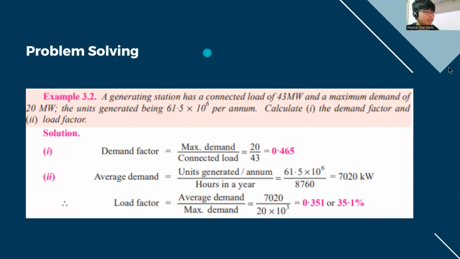Therefore, our load factor is equal to average demand over max demand, which is 7,020 kilowatts over 20 megawatts. Since our 20 is in megawatts, we multiply by 10 raised to 3, so 7,020 over 20 times 10 raised to 3 is equal to 0.351, times 100 because we are looking for the load factor here.